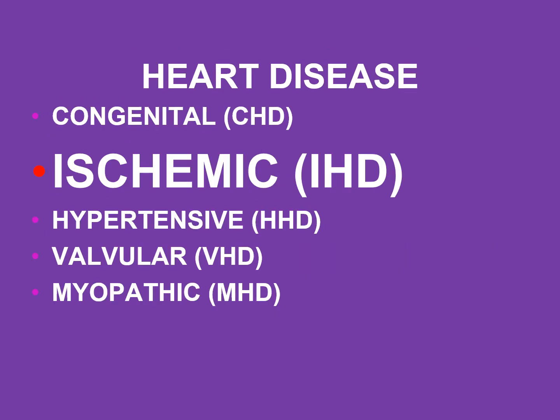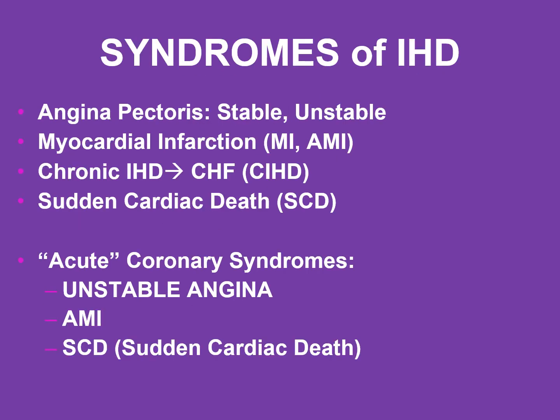Our next topic is the ischemic heart diseases. So the syndromes of ischemic heart diseases is more of an internal medicine topic than pathology, but nevertheless we will discuss this in summary. So we have angina pectoris, which can be stable or unstable.